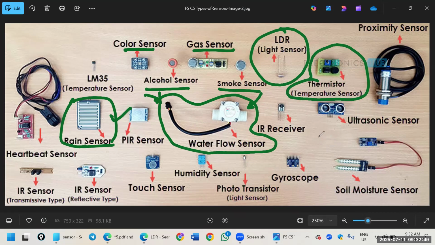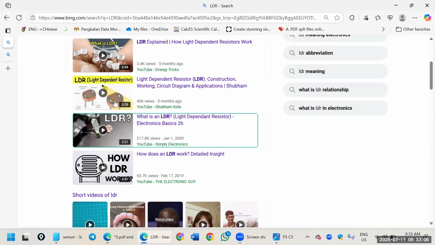It's connected to the handphone now, so it will show a message: the water is overflowing now. Touch sensor. Many, but we just learned these two. Okay, now let's see what is a thermistor.